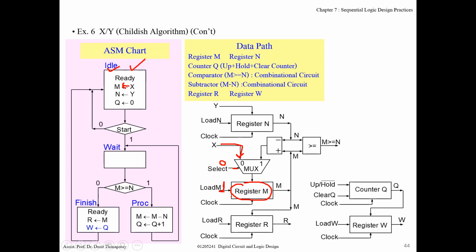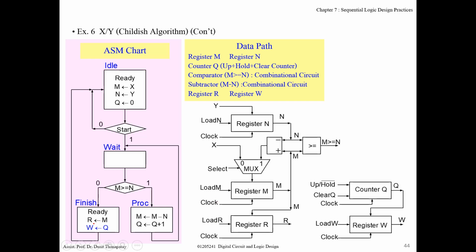So when the clock ticks, you will read data from X. But at state process, the select signal must be 1, right? It is subtracting M minus N. You feed it to register M, and at this step process also, the control signal load M must be 1. When the clock ticks, it reads data from M minus N.